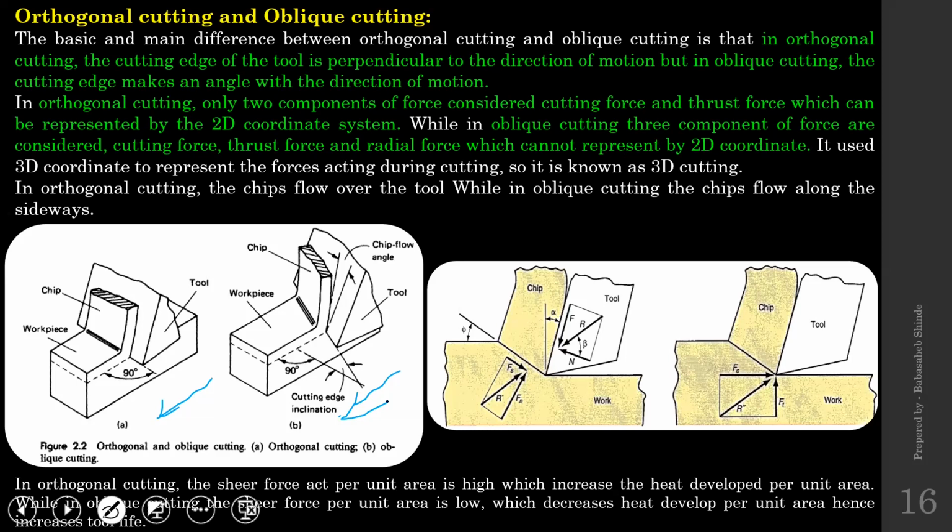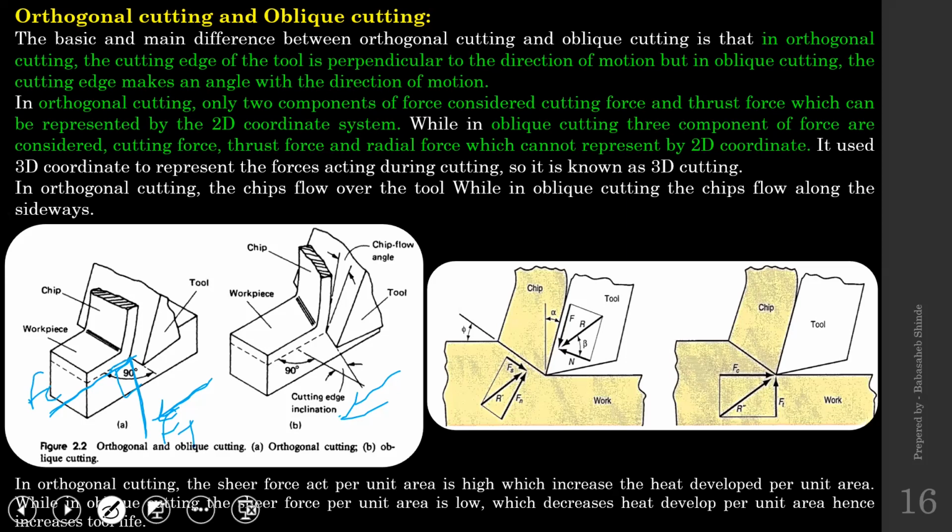The cutting tool is moving in this direction, so there will be one force acting in the direction of motion, and that is the cutting force Fc. And there will be another force perpendicular to this cutting force, called the thrust force Ft. So only those two forces we need to consider in case of orthogonal cutting.